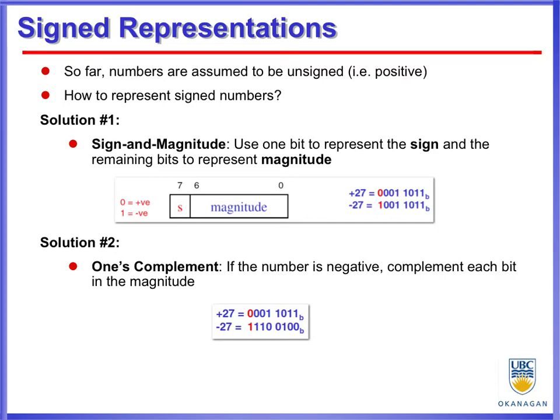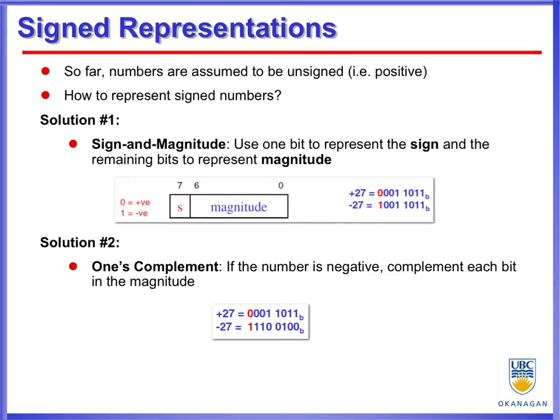Solution number 2 came along, which said, well, instead we're going to use what's called the ones complement system, which means that if the number is negative, we're just going to complement. That means invert or negate every bit in the number itself. So let's again start with positive 27, which looks like this.